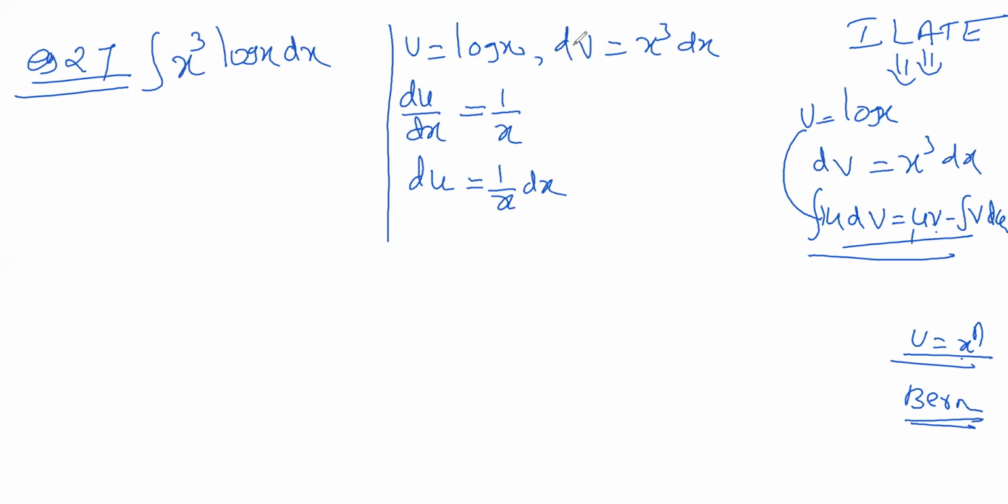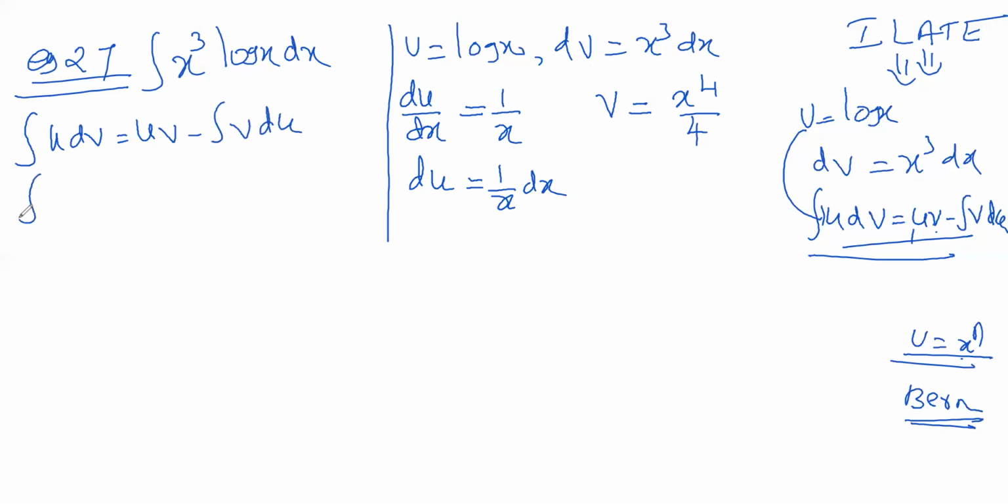Now integrate dv. So we get v is equal to integral of x cube dx, that is x power 4 by 4. That's all. So write the integration by parts formula: integral u dv is equal to uv minus integral v du.